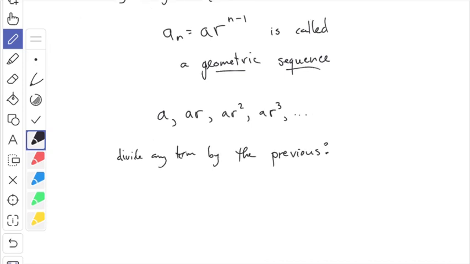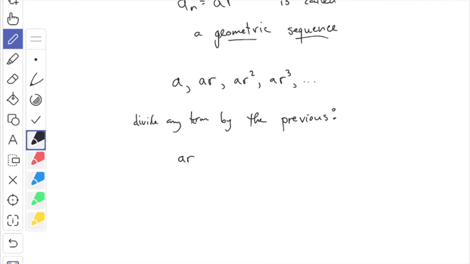Like, for instance, the second one divided by the first one, ar divided by a, is r, right? Or if you divide, say, the third one by the second one, ar cubed divided by ar squared is also r. These things cancel out and you just get one r left over. This is a basic fact of a geometric sequence, that when you divide any term by the previous term, the answer is always the same, and it is always r.